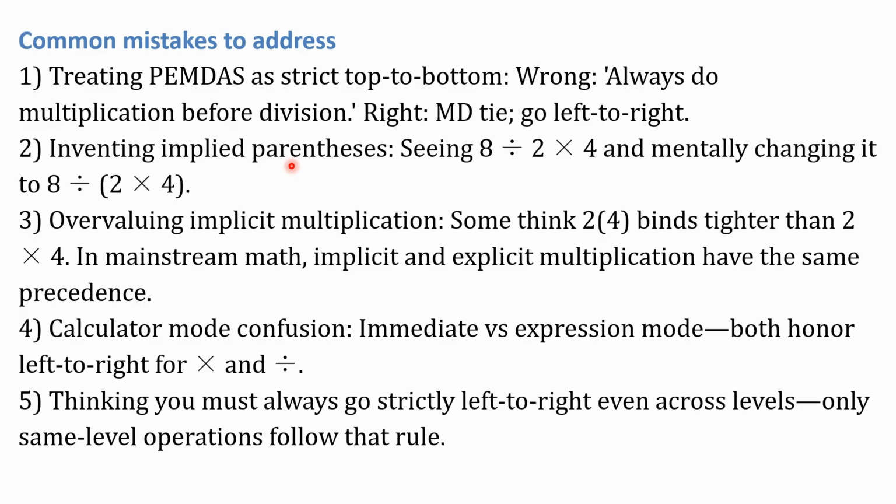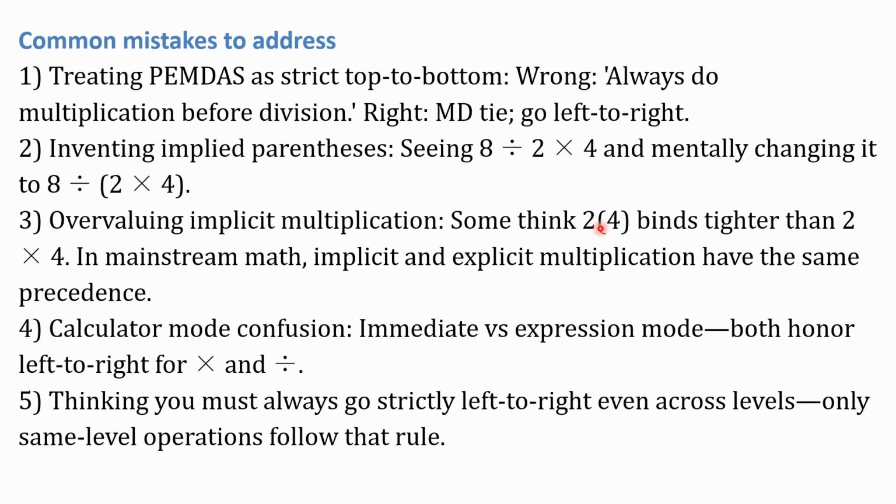Convert the division to multiplication. Some people invent implied parentheses. They see 8 divided by 2 times 4, and they mentally change it to 8 divided by the quantity 2 times 4 within parentheses. Well, this is not the same. This is not the same as this. So a lot of people make that mistake. Also, some people are overvaluing implicit multiplication.